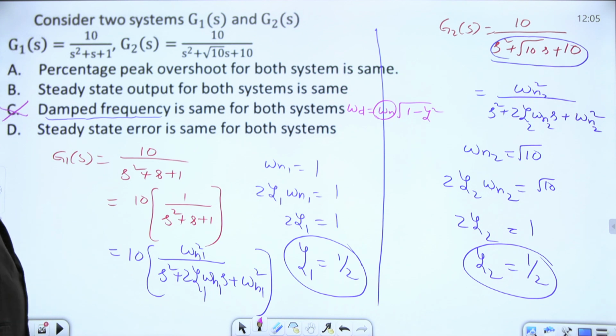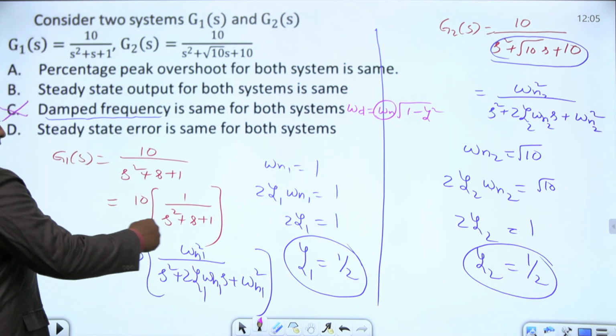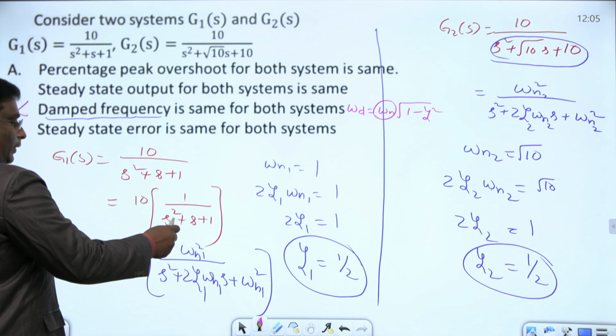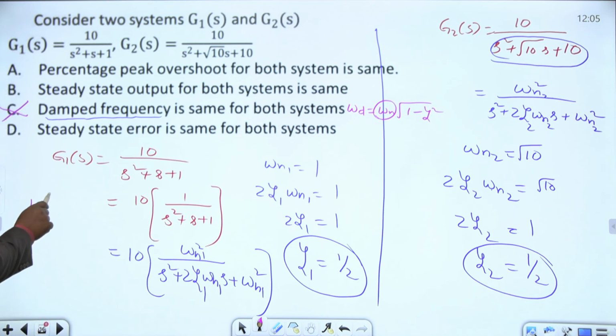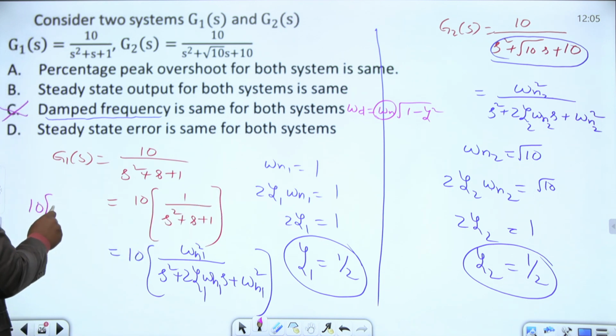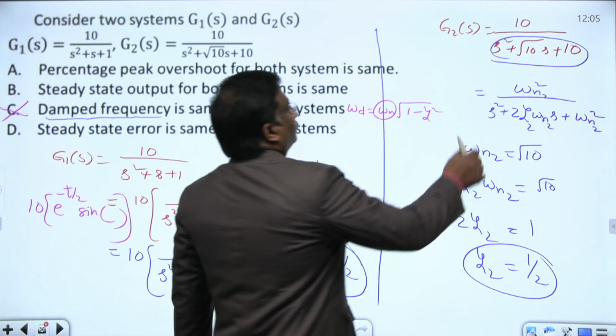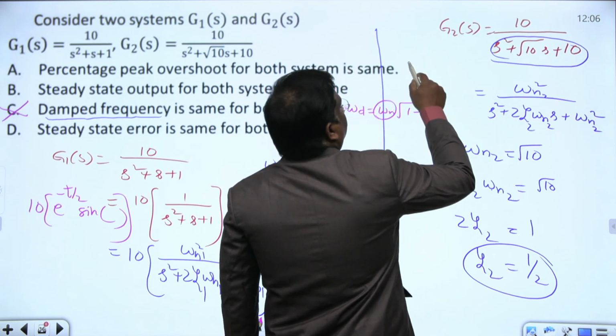Steady state errors are also not the same, steady state error is different here. Steady state output also, if I convert into time domain, write in proper order, you will get some e power minus t by 2 times the output. I write s plus 1 by 2 whole square plus some constant. If I take the inverse Laplace, something like e power minus t by 2 times sine of something, I will get some expression.